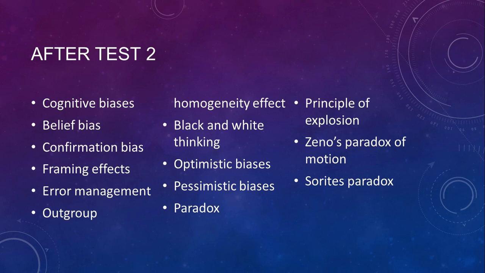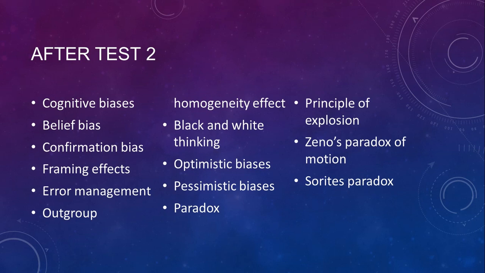Okay. So that was paradox, principle of explosion, Zeno's paradox of motion. You recall? Oh, you answered all of them. Does anybody else? Thank you, by the way, for participating in class. Does anybody else want to do this? Yeah.